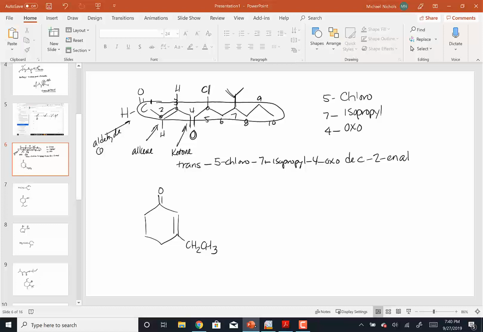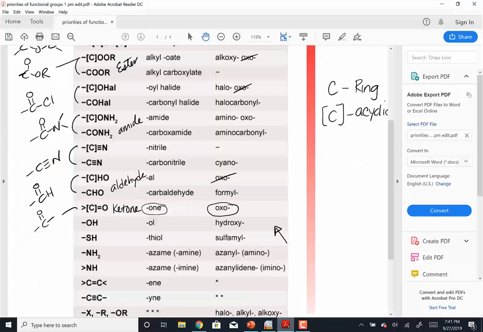For number 2 here, we've got a cyclohexane ring. What's the highest priority group here, or what functional groups do we have? We have a ketone, we have an alkene. Who has the highest priority? Again, go to my chart. I see that the ketone has a higher priority than the alkene.